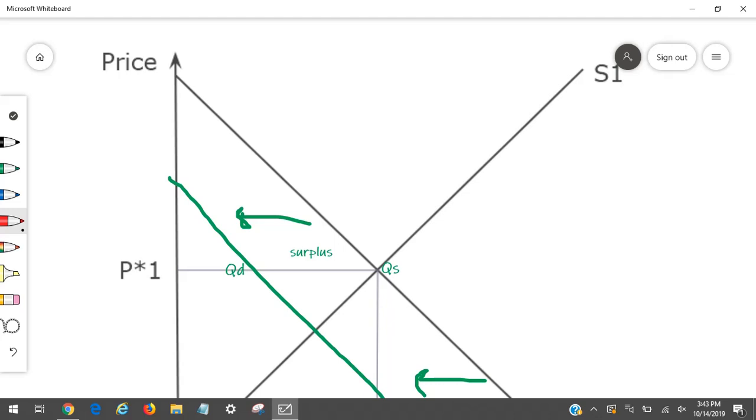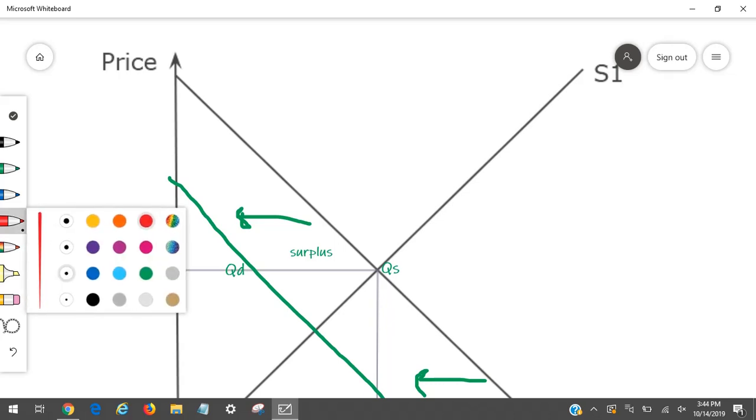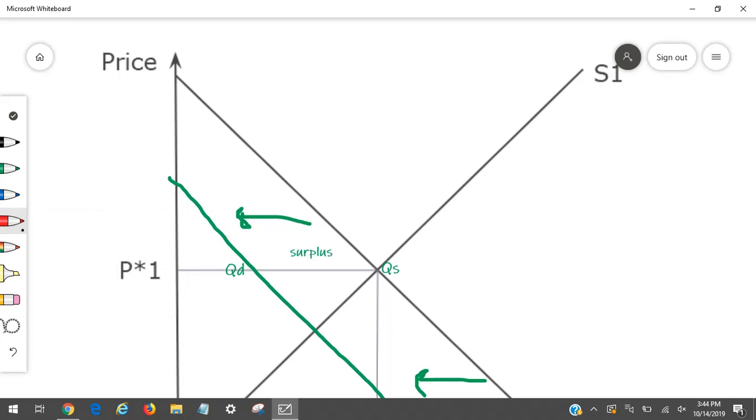And I'm just using that as an analogy. It's not technically correct, but it helps students to remember that a surplus puts pressure on the price of the good to go down. So what happens when the price of a good drops? Well, we move downward along a demand curve and downward along a supply curve.